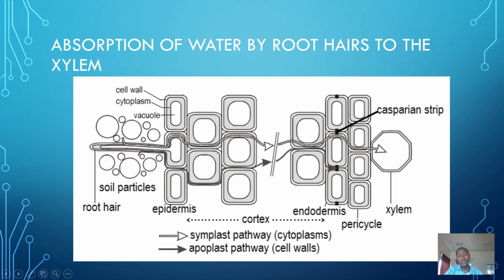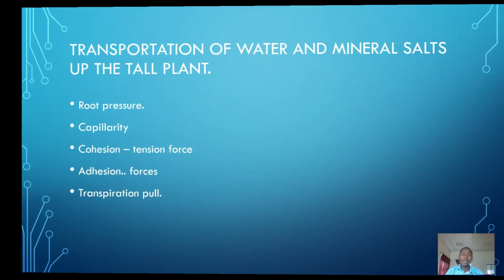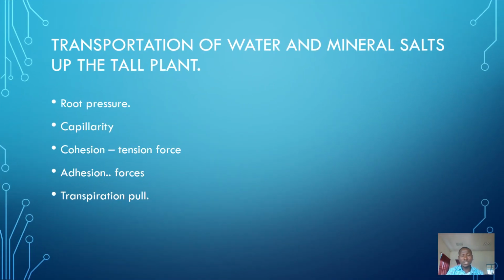It can be through the cytoplasm, and it can also be through the cell walls, as shown by these arrows. Please take note of this. The question can be: describe the process of water absorption from the soil by the root hairs. Then transportation of water and mineral salts up the tall plant, that is from the xylem up to the leaves of the plants.